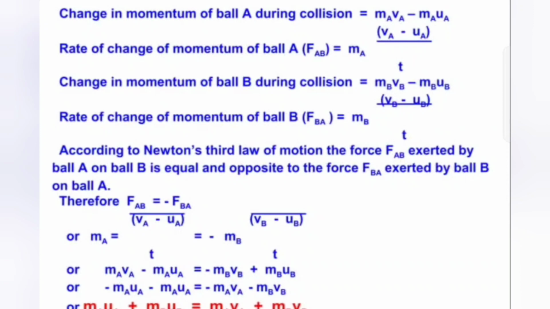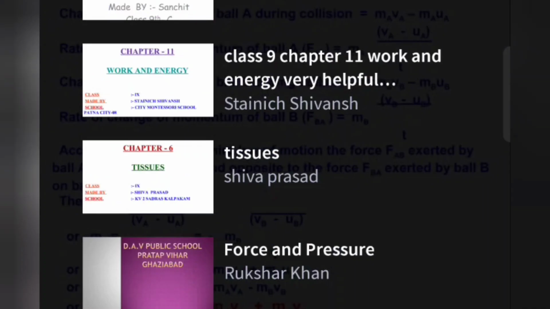So the red line, as you can see, the highlighted one, do keep that in your mind, which is mAuA plus mBuB. They are two different objects, which will be equal to mAvA plus mBvB. Got it? Momentum of two balls before collision, not only balls, it can be anything else, will be equal to momentum of two balls after collision.